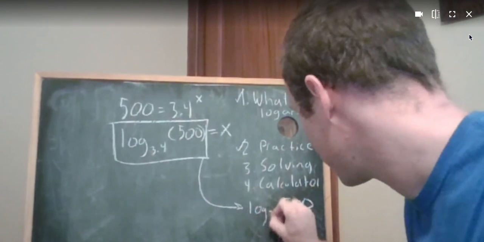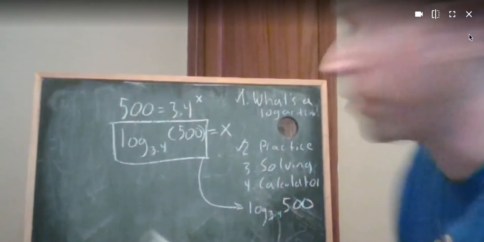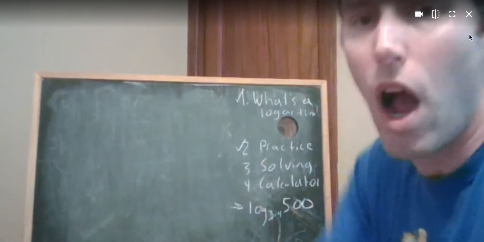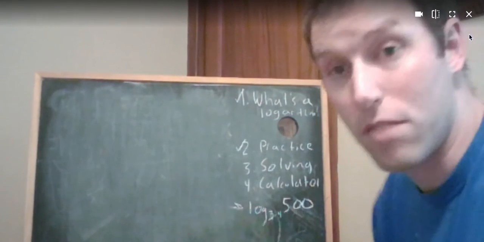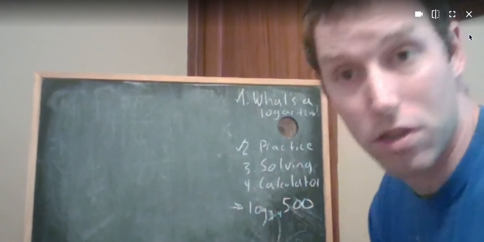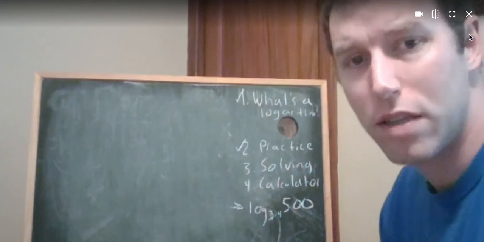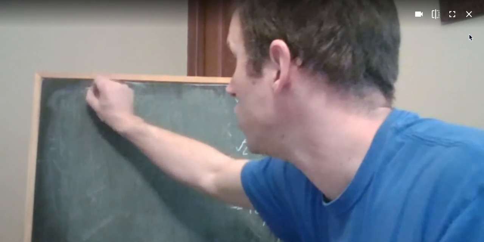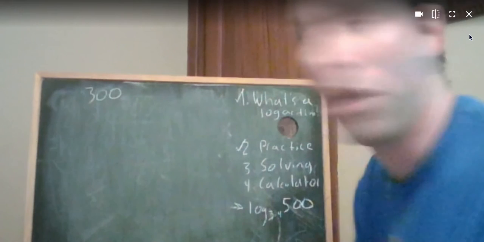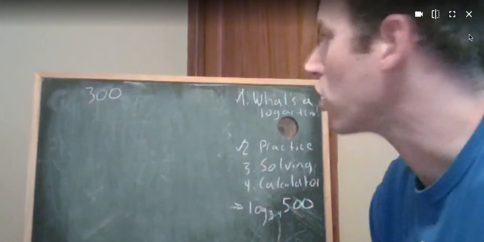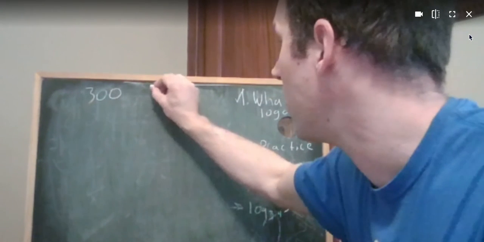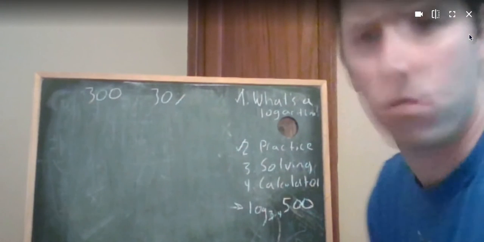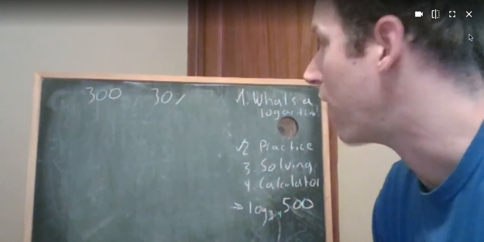Okay, let's do another one that's a little bit more complicated, like something you might actually see on the homework. Let's say we're graphing COVID-19 cases. And I have a certain city where I start with an initial set of 300 cases, and they're growing at a rate of 30% per day, which is about right for some environments.